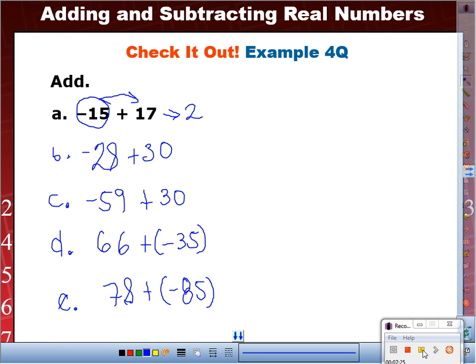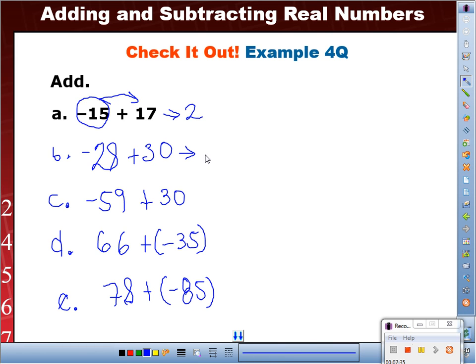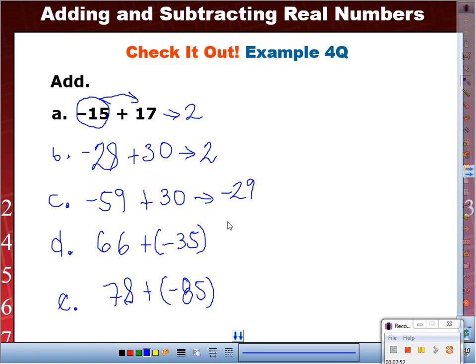Okay. Okay, volunteer for B. Yes. Positive 2. That is correct. C. Volunteer for C. Over here. I can't hear. What is it? Negative 29. Hands if you got that. That is correct.